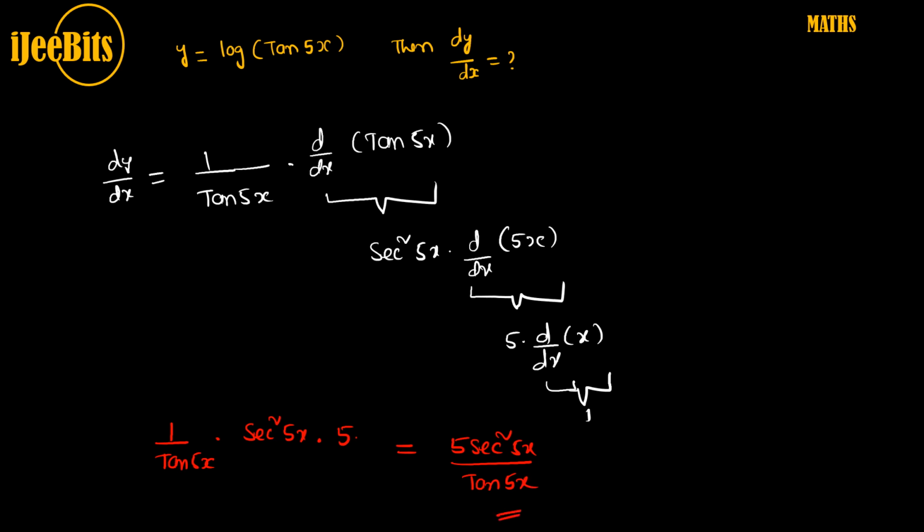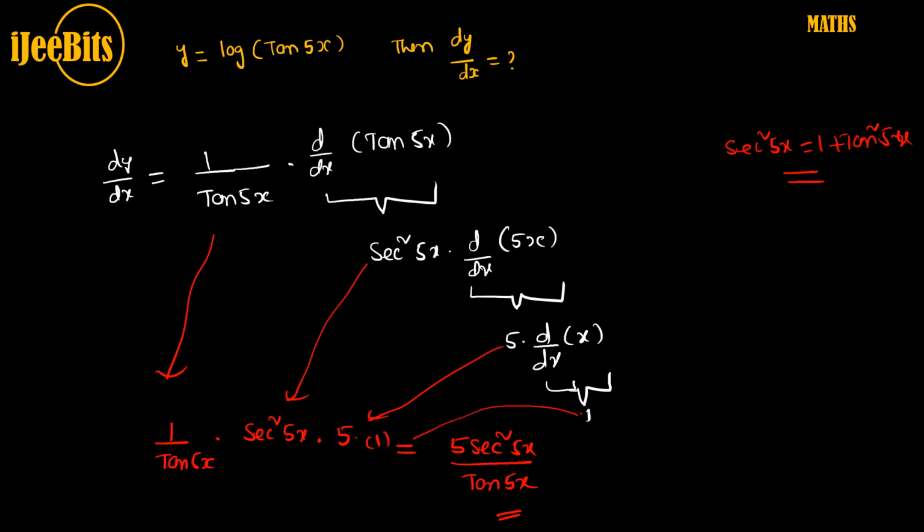You can still simplify it because sec squared 5x is nothing but 1 plus tan squared 5x. Based on the options given, you can choose one of them. But otherwise the idea is this way. This is one, this is the next thing, this is also there. Clear? Very good.